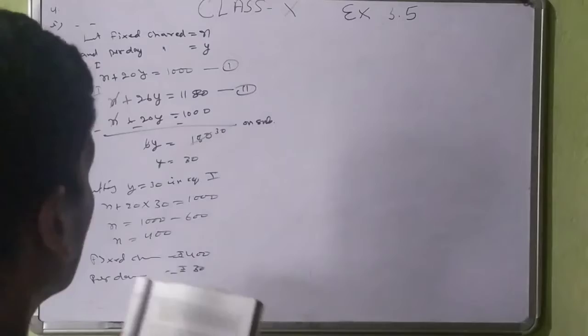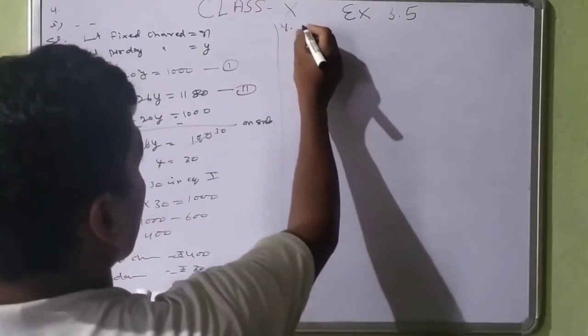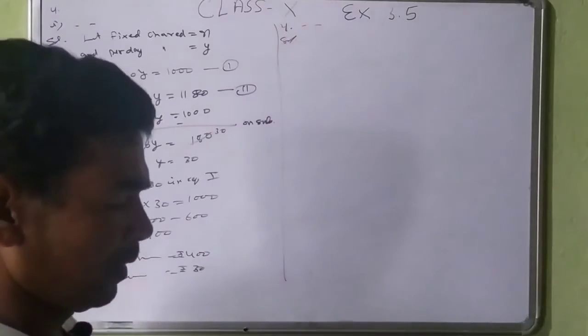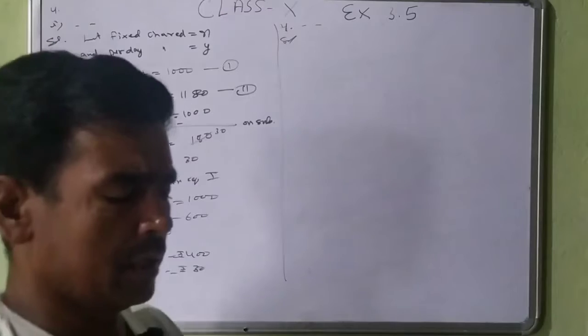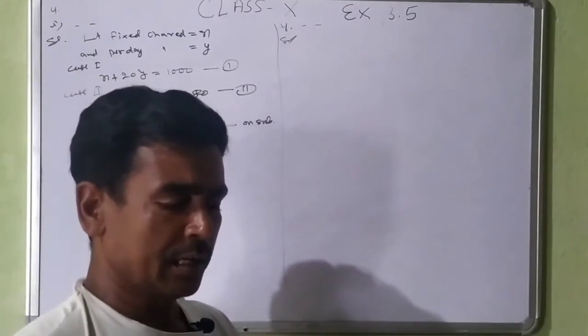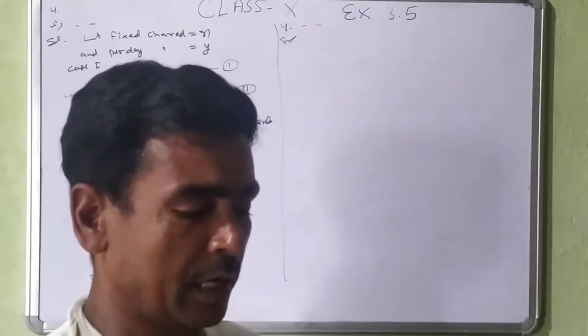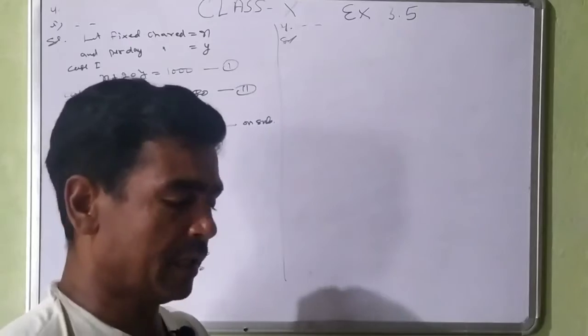Question number 4. A fraction becomes 1 upon 3 when 1 is subtracted from the numerator, and it becomes 1 upon 4 when 8 is added to its denominator. Find the fraction.